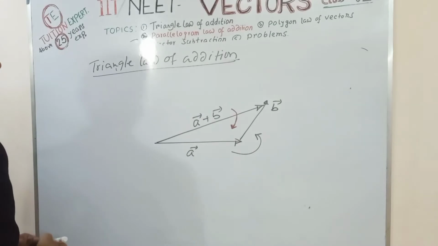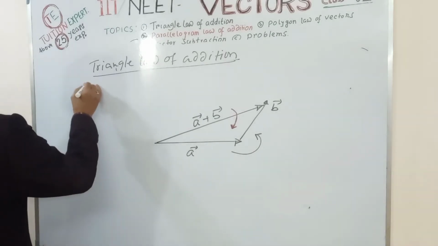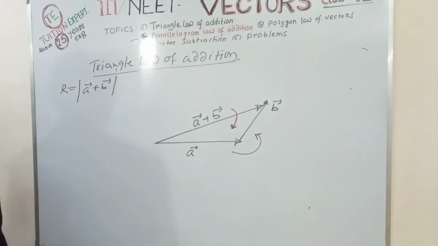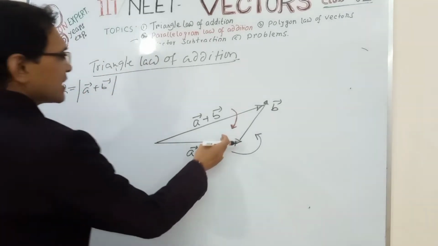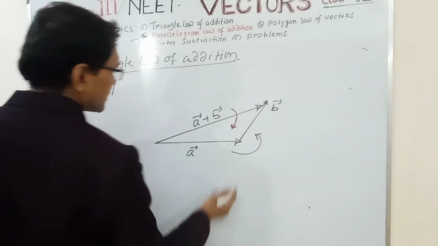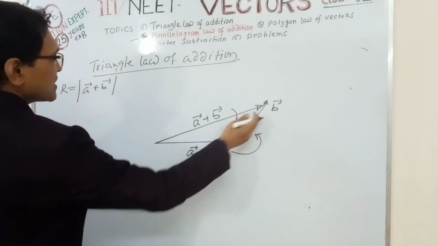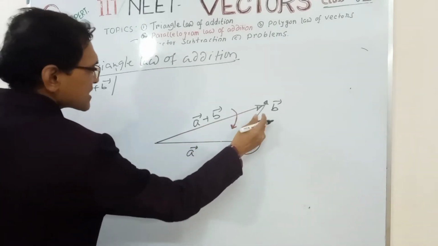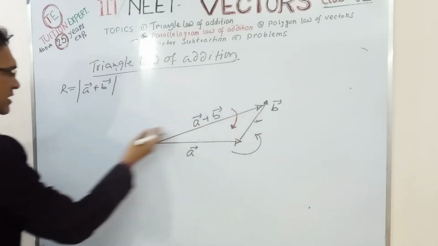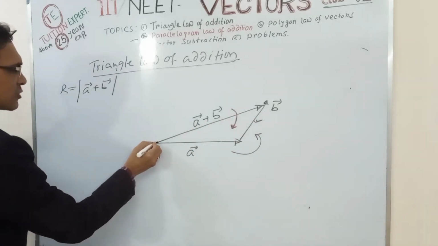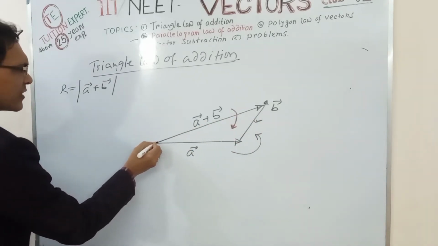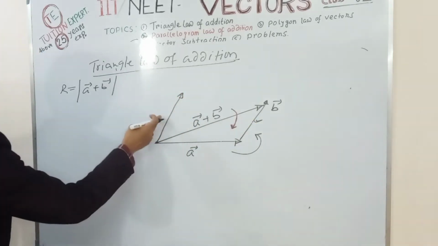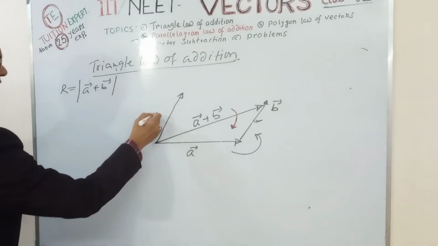So if we calculate the magnitude of A plus B, what is the angle between A and B? If we shift B, keeping its direction parallel, shift this vector along this, such that the two vectors act at the same point.